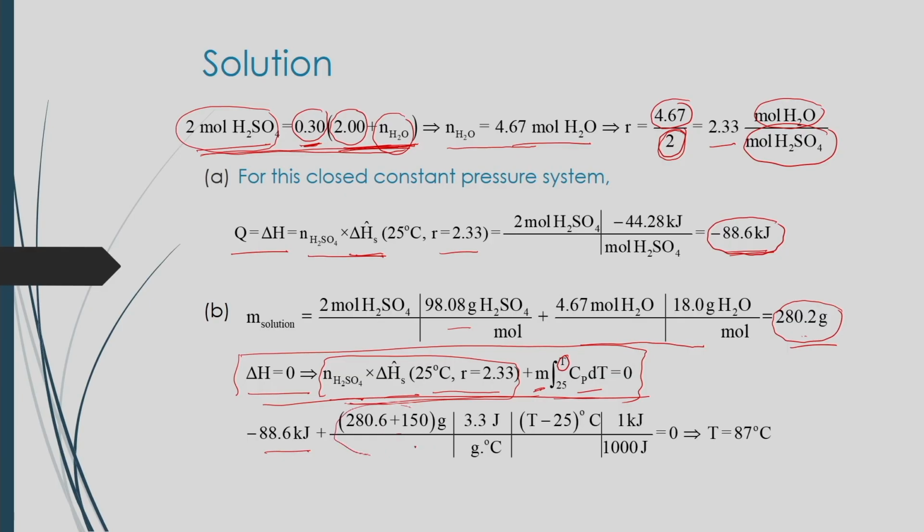So, this is your total mass, and then you have to multiply by the specific heat capacity, which is basically 3.3 joules per gram per degree for the solution, and the temperature change is T minus 25, because the initial temperature was 25 degrees Celsius and the final temperature is T. So, T minus 25 degrees Celsius will give you the temperature change based on which the sensible heat change is found. So, finally, after calculation, T will be equal to 87 degrees Celsius.